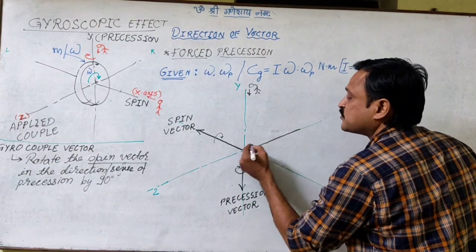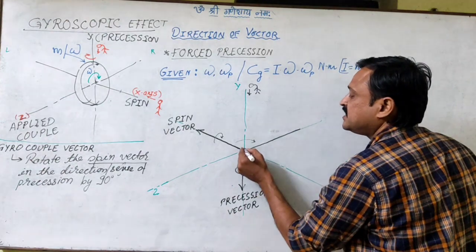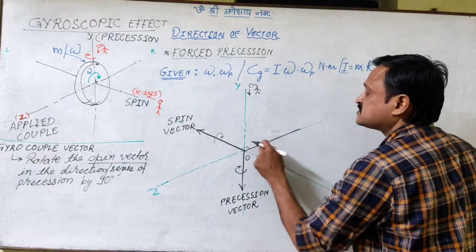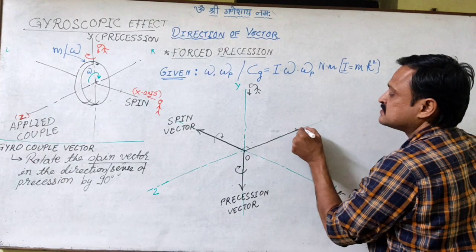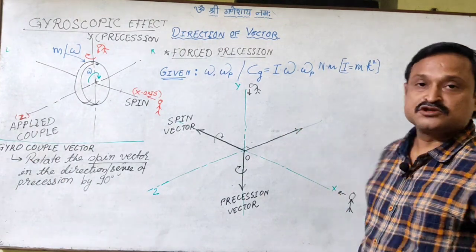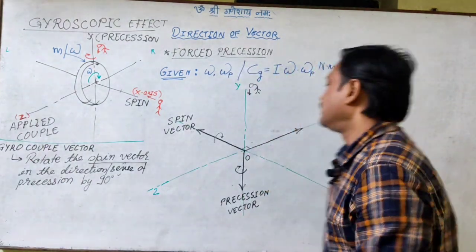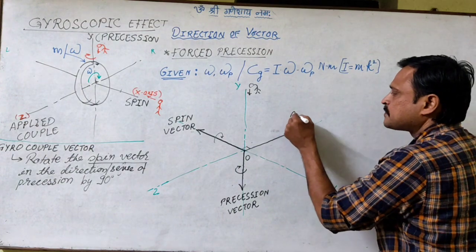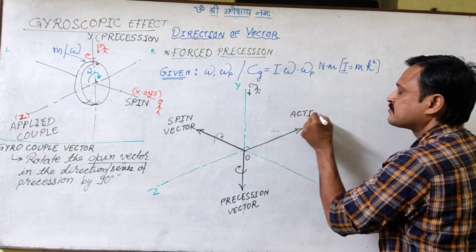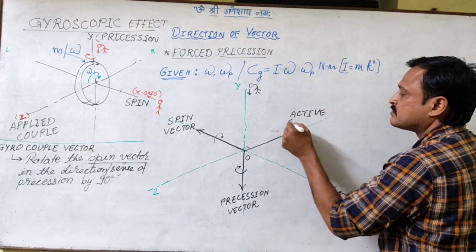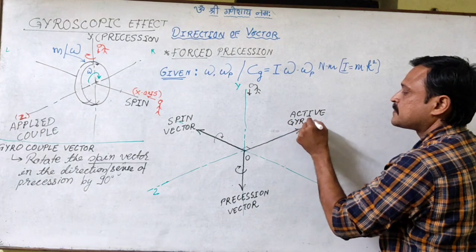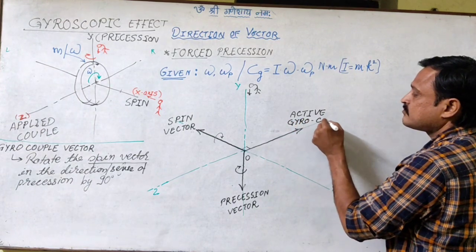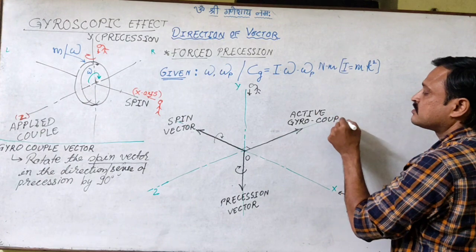When it is rotated here by 90 degrees, I get this vector as the gyroscopic couple vector. Now I'll call this the active gyrocouple.